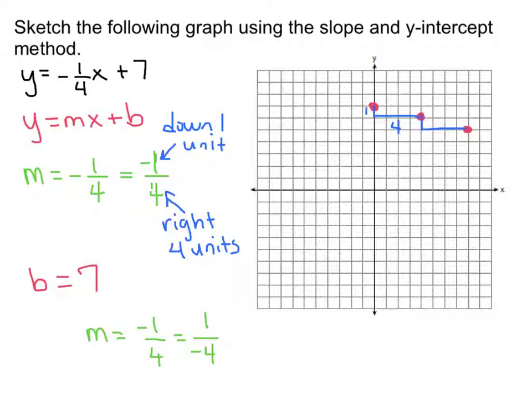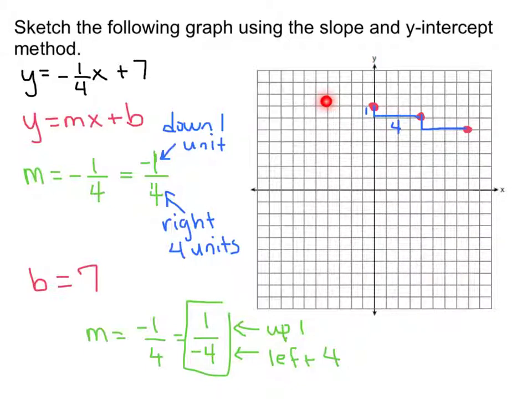That would imply, if we're looking at it in this form, that we are going up 1 and left 4 from our previous point that we plotted. So if I were looking at my y-intercept one more time, which was 7, if I go up 1 and left 4, I can get a point on the line.